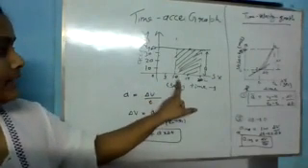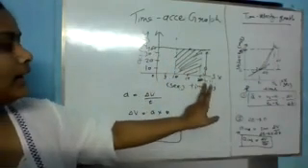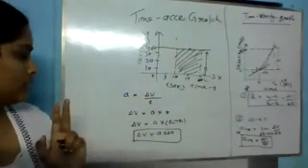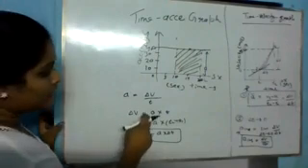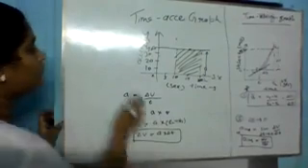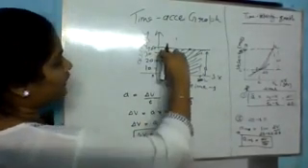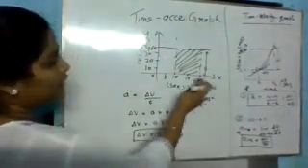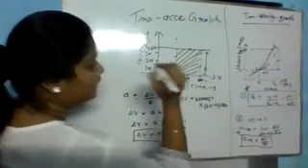Okay, now we have to find out the change in velocity. At 10 seconds, the acceleration of the particle is 40 meter per second square, and at time 20 seconds, the acceleration of the particle is 40 meter per second square. So change in velocity equals A into time taken, that is T2 minus T1. A is 40 meter per second square, and T2 minus T1 is 20 minus 10 seconds.